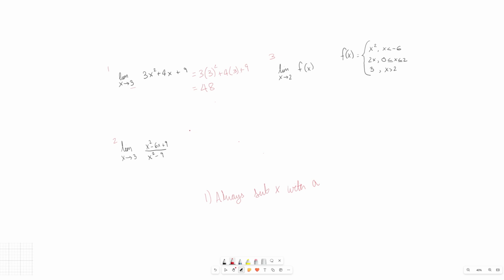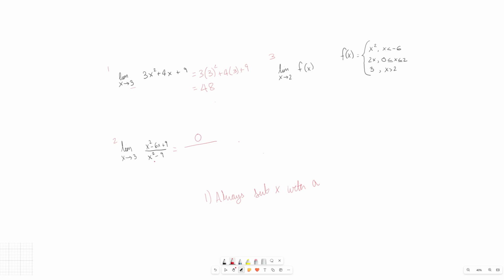Now, everything's not that easy. Now look at this one, for example. This one has a different approach. You start with the same step, but this one has a problem. If you put 3 squared on the top minus 6 times 3, 18, plus 9, this would add up to 0.